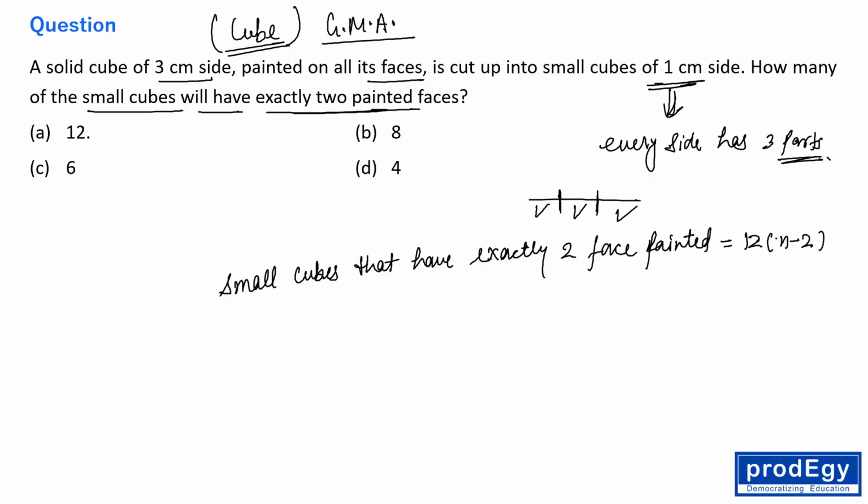Here n is the number of parts. So this is 12 into 3 minus 2, which is 12 into 1. So the answer is 12. 12 cubes will have exactly 2 faces painted, right everyone? The answer is 12. Okay.